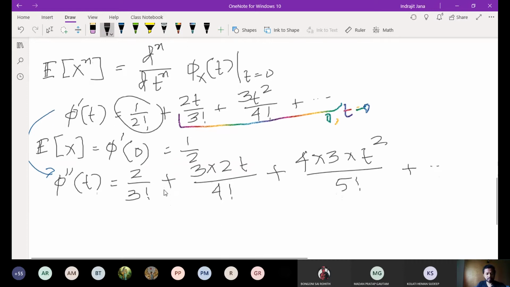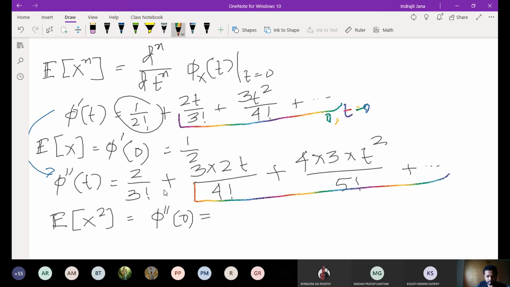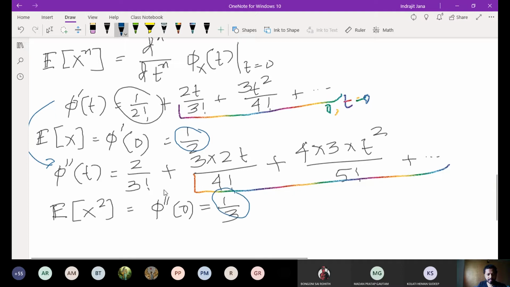Once again, if you plug in t equal to 0, the expectation of X square is phi double prime at 0. So this whole thing will vanish, and you will see 2 over 3 factorial. So 2 over 3 factorial is simply 1 over 3. So expectation of X is 1 over 2, expectation of X square is 1 over 3.